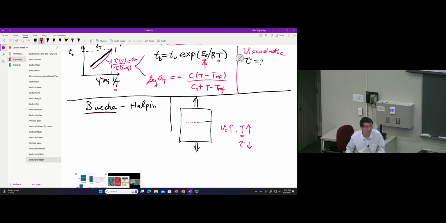By the way, what is the alternative? The alternative is at higher temperature, it propagates faster because at higher temperature, the lifetime of the bonds, the lifetime of the network is smaller. Okay? So basically, this of course also explains because at the higher temperature, your lifetime is shorter.